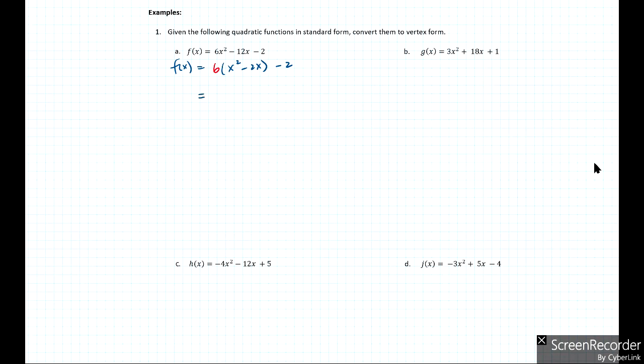What happens, as we have learned about completing the square, is we can rewrite this x squared minus 2x as part of a perfect square trinomial. And in particular, I can say this is going to be written as x minus 1 squared.